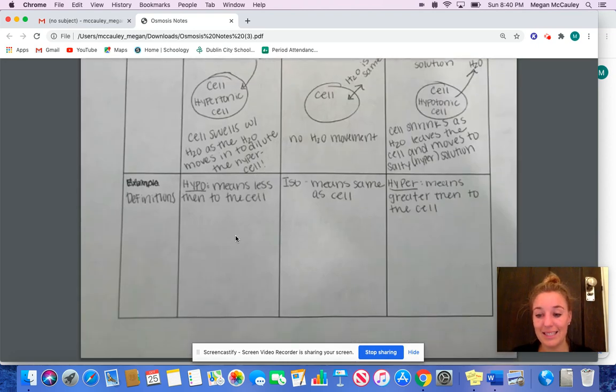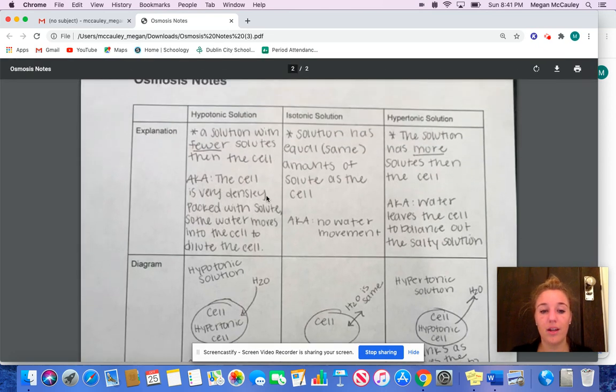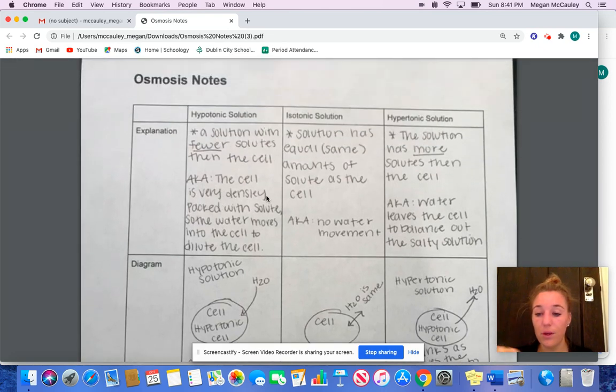Hypo means less than the cell. So a hypotonic solution has less salt or less solute than the cell itself, fewer solutes on the outside than the cell. AKA, the cell is very densely packed with solutes or salts, so the water moves into the cell to dilute the cell.